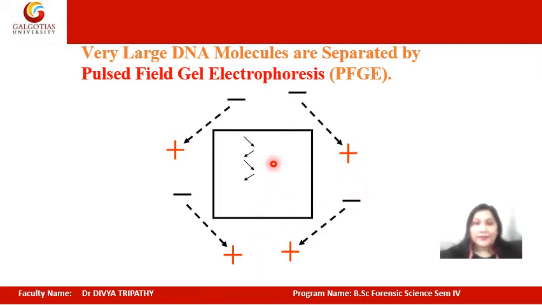In this type of electrophoresis, the movement of DNA molecules takes place in a zigzag mode. We will explain pulsed field gel electrophoresis in a separate lecture. Just understand that we use this in order to separate larger molecules of DNA.